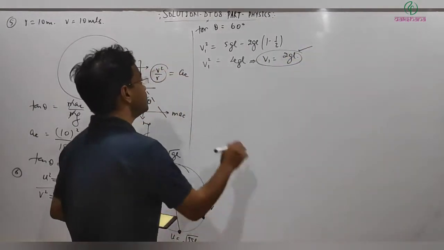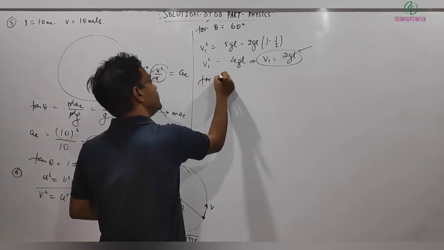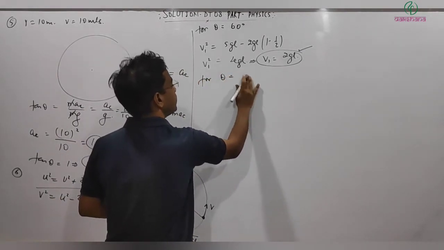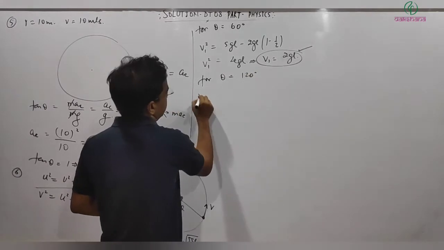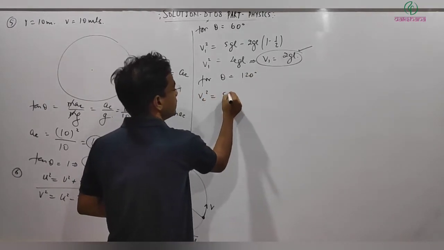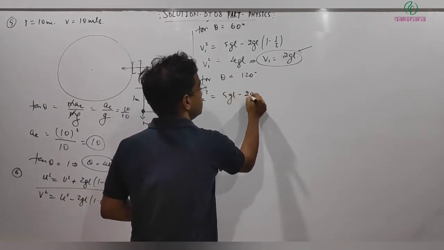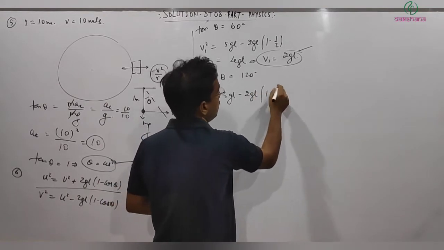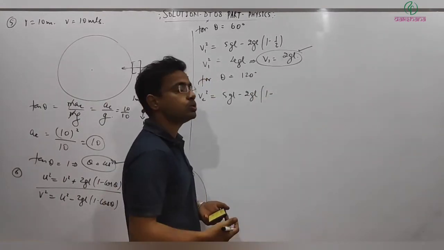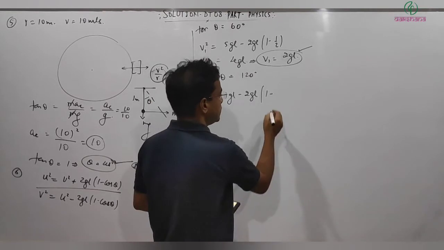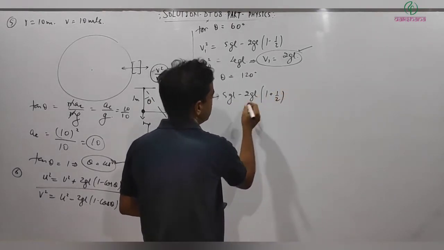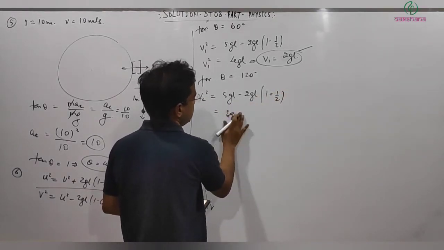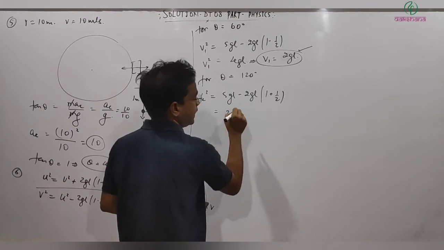Okay, similarly for theta equal to 120 degree, then I will get v2 square is equal to again 5gl minus 2gl(1 minus cos 120, which is equal to minus of minus sine 30, that is plus half). So this comes out to be overall 2gl, right?